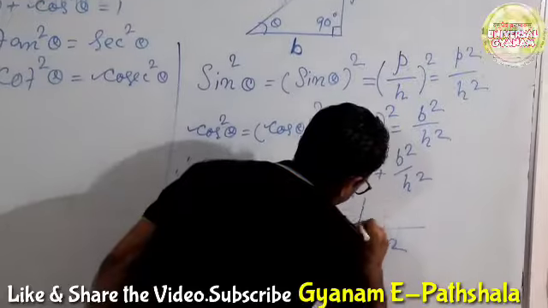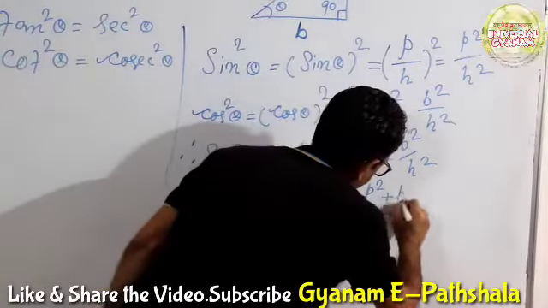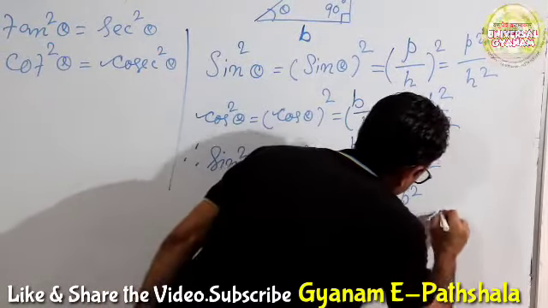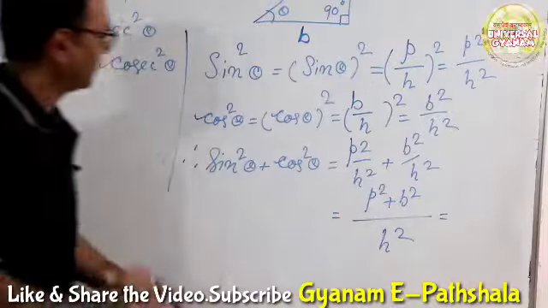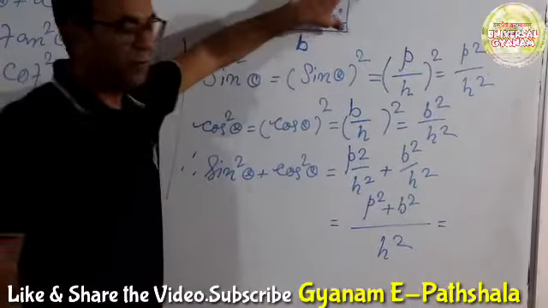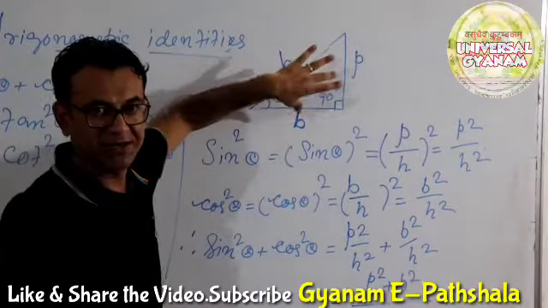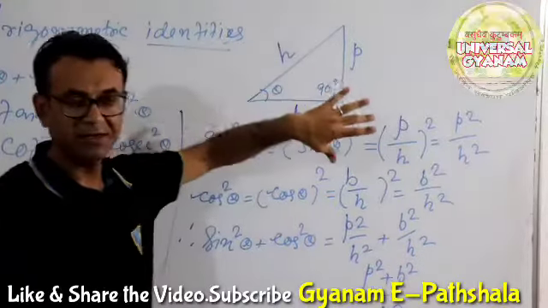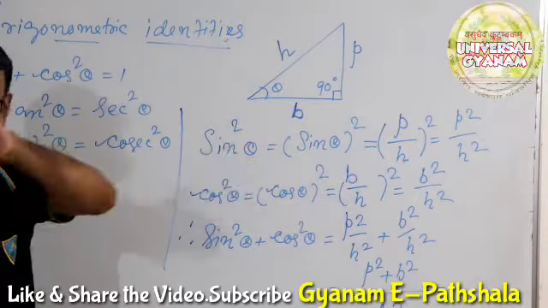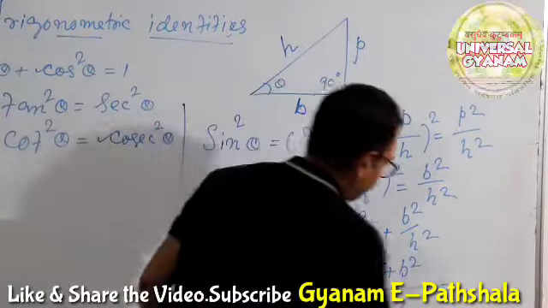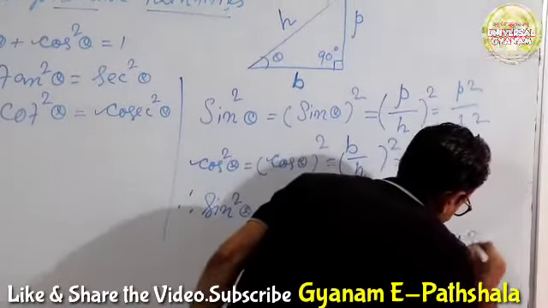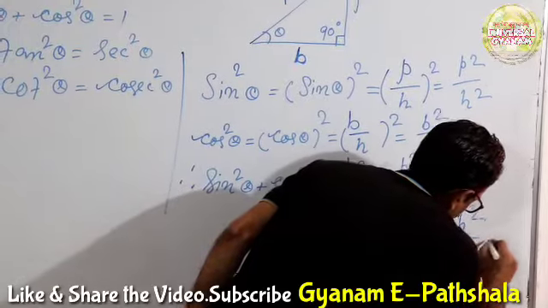You have p square plus b square. The square of the perpendicular plus the square of the base of a right angle triangle is nothing but the square of the hypotenuse, and that's Pythagoras theorem. So I get h square by h square, and that's equal to 1.